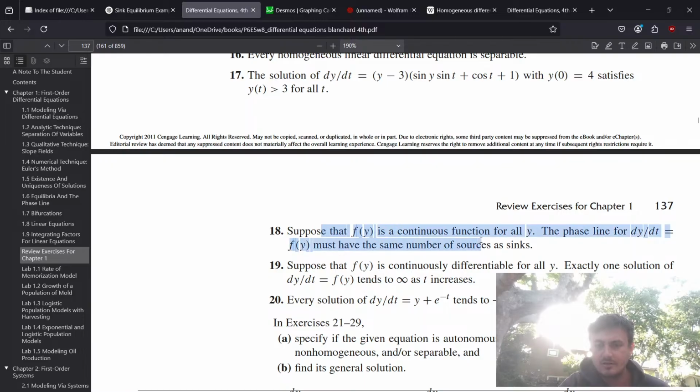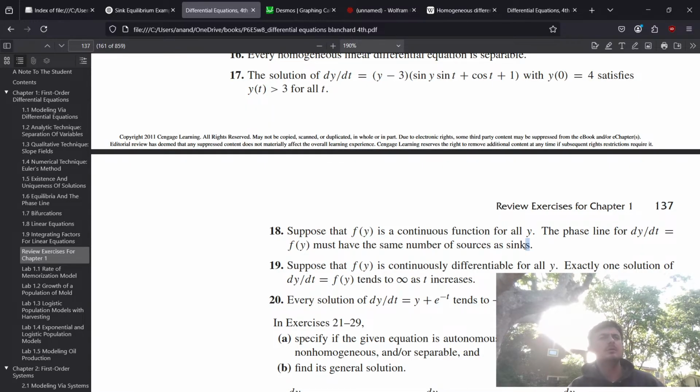Suppose that f of y is a continuous function for all y. I don't think that's true. Wait, is it true? No, that's not true.